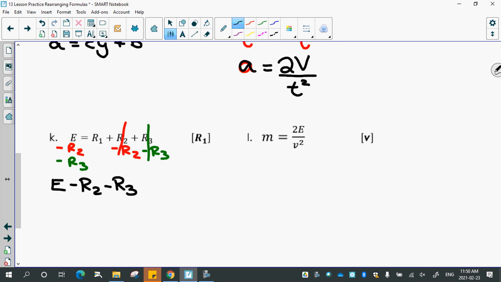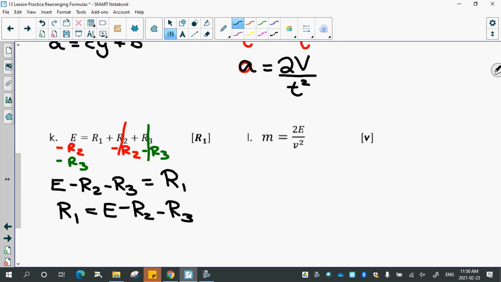So I just write it out. But it equals R1. And then I got R1 by itself. So I just have to make sure I have R1 on my left side, and E minus resistor 2 minus resistor 3 on my right side. Perfect. Good.